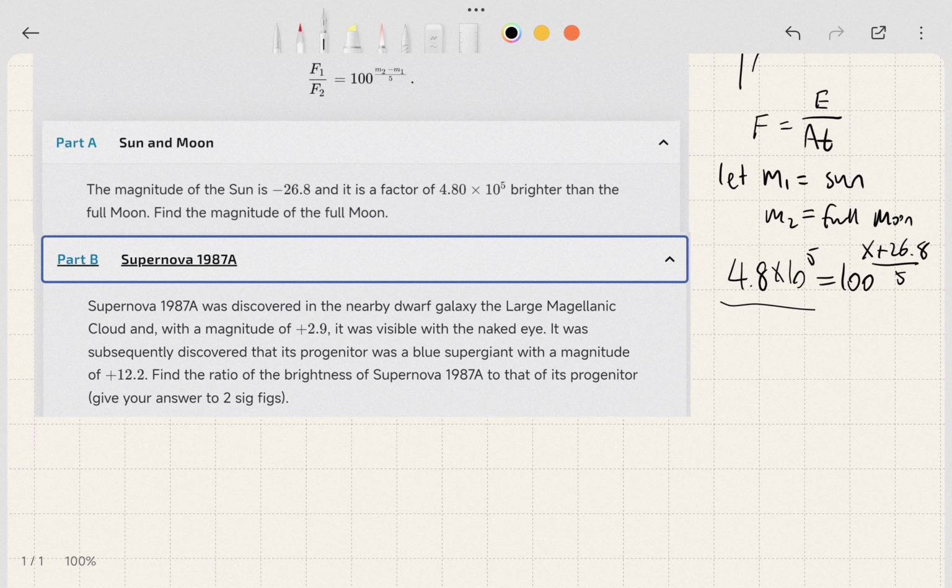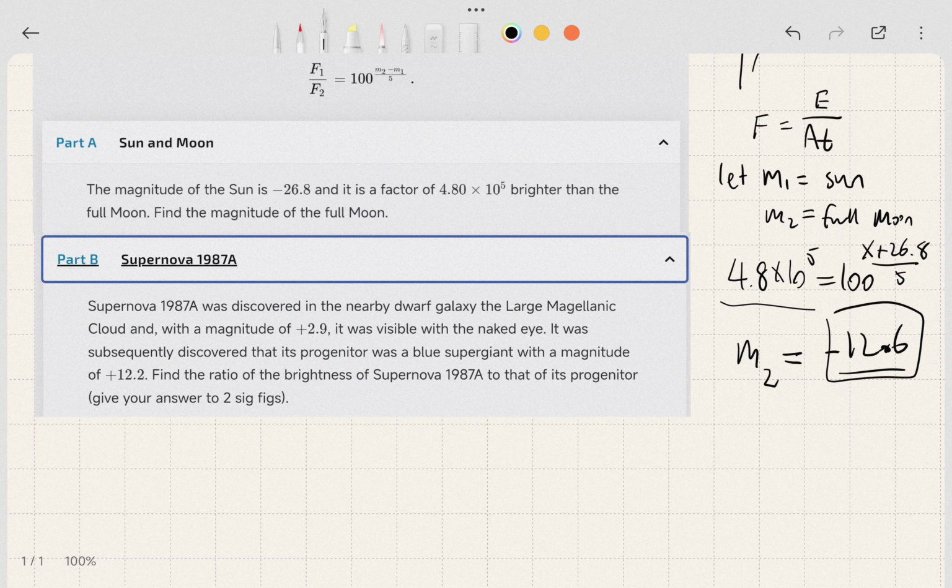So essentially you can say natural log of 4.8 times 10 to the power 5 divided by the natural log of 100 is equal to x plus 26.8 divided by 5. So times that by 5 and minus 26.8. You get the magnitude m2 to be approximately minus 12.6.